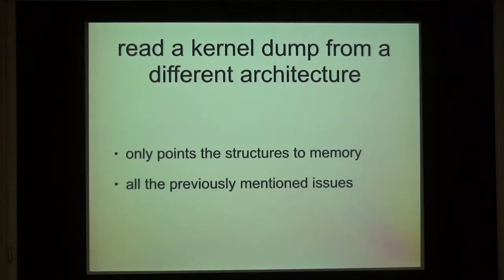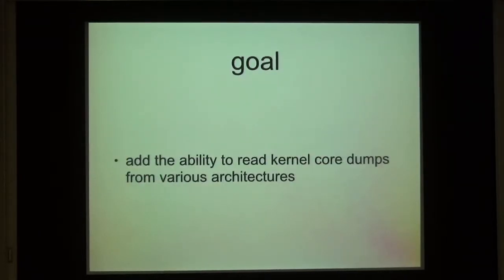For example, the signedness. So the goal of what I'm trying to do is to add the ability for these tools to be able to examine kernel core dumps that come from other architectures, and to literally take a MIPS core dump on AMD64 and be able to read, for example, the processes that were happening at the moment of the core dump.